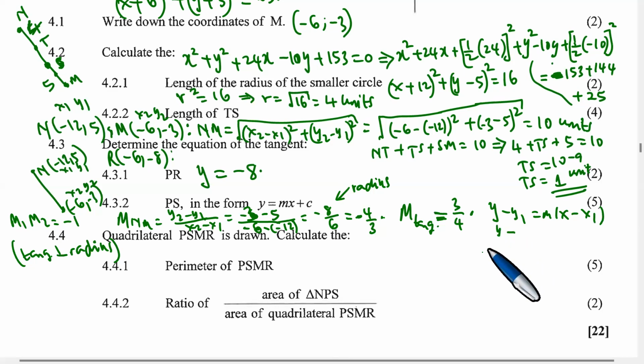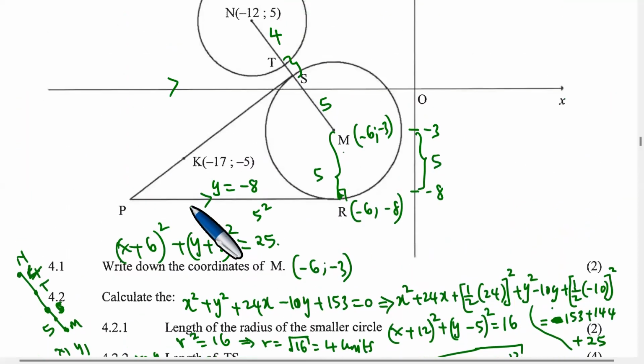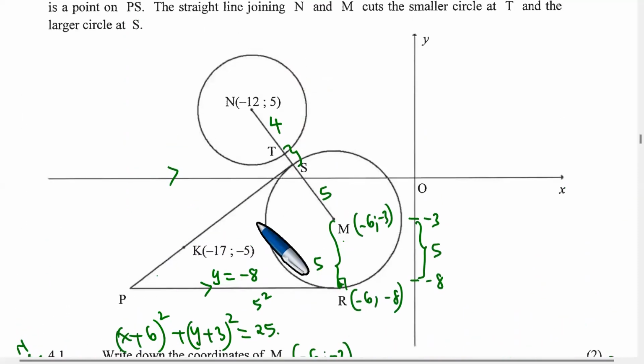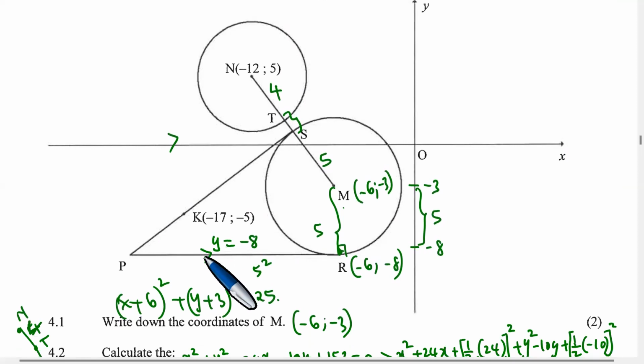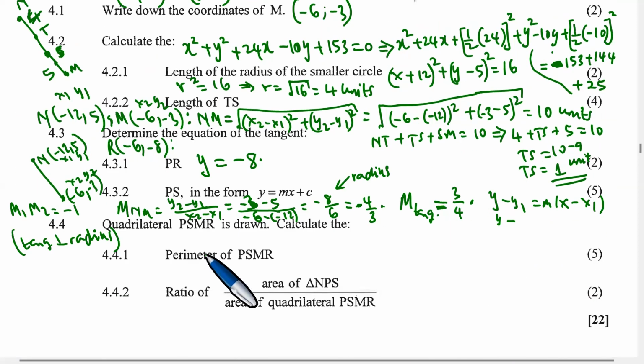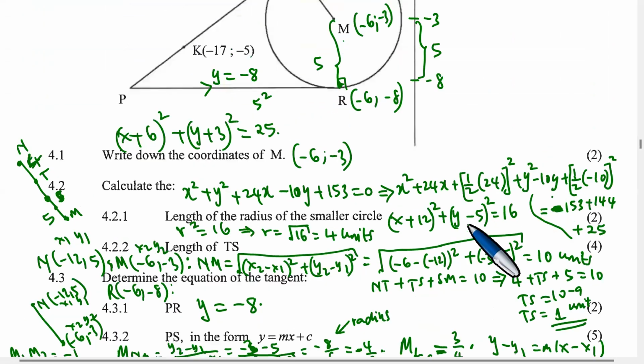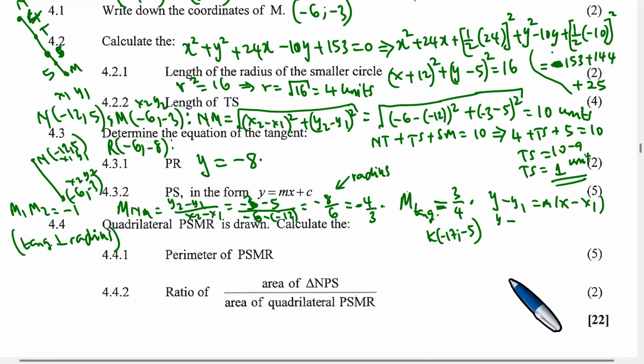Obviously we agree that the equation of the tangent PS passes through the point K with coordinates minus 17, minus 5, which is x1, y1. Which means we have y1, which is minus 5. The gradient of the tangent is 3/4.